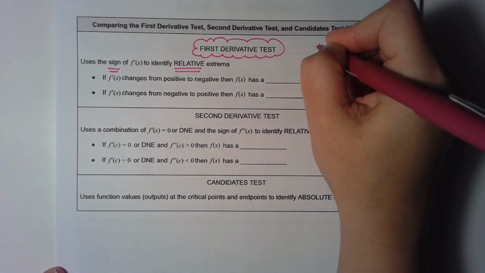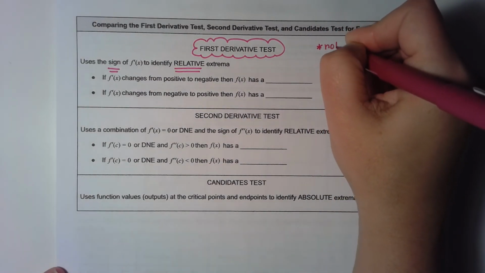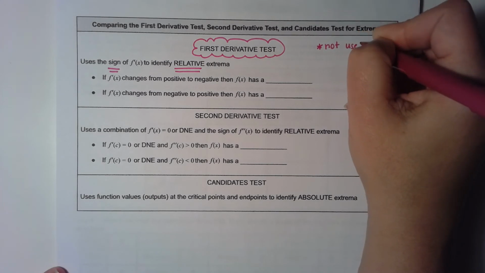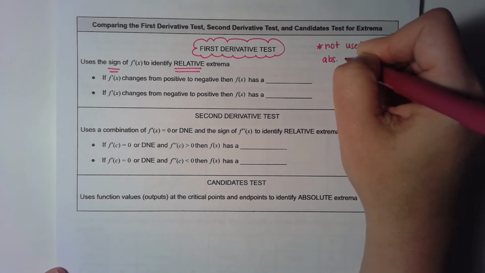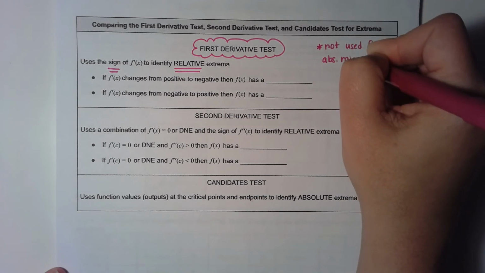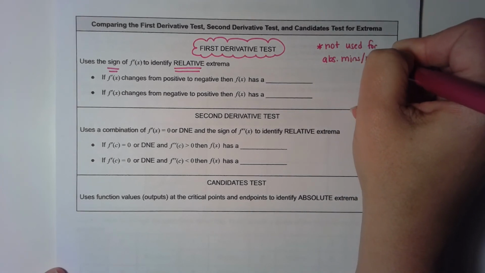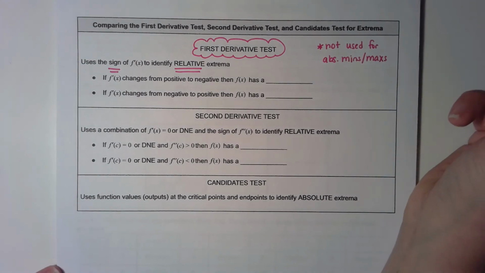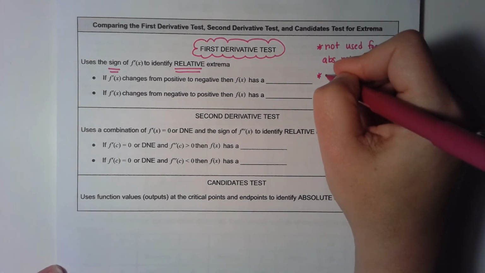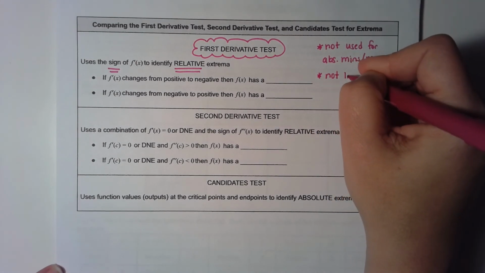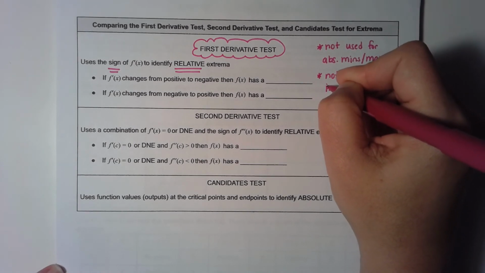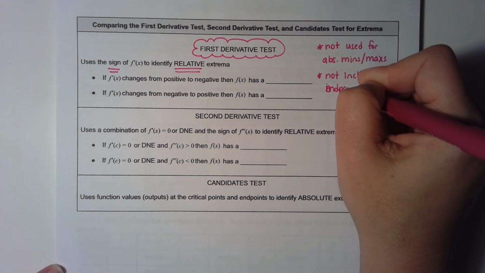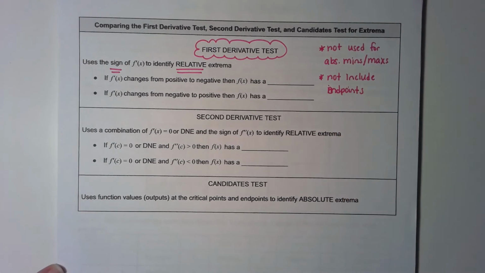So it's important to note that we do not use this for absolute maxes and absolute mins, and that we do not include the endpoints when we are looking for relative extrema.